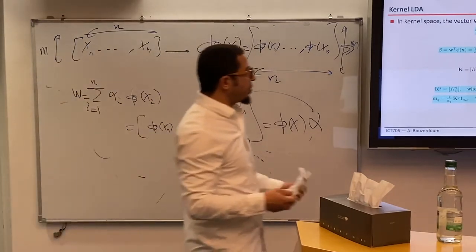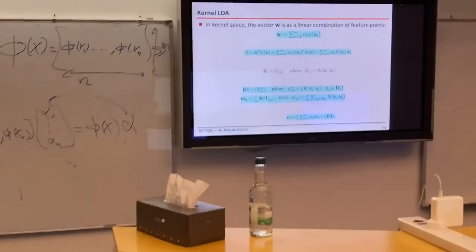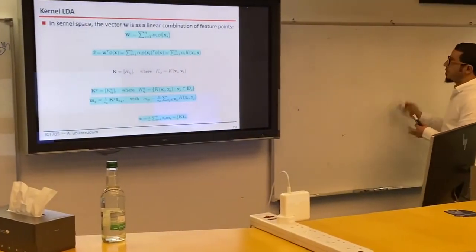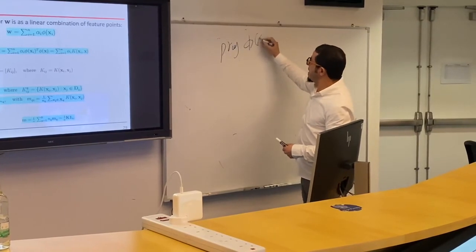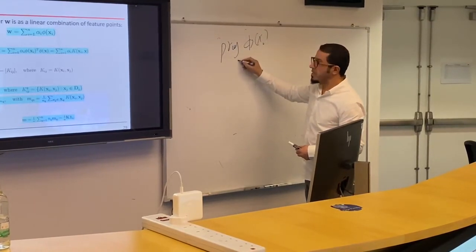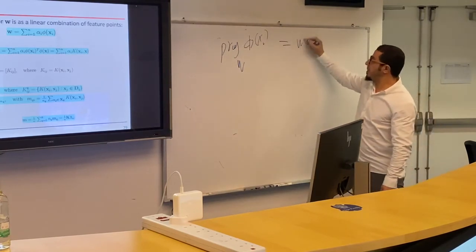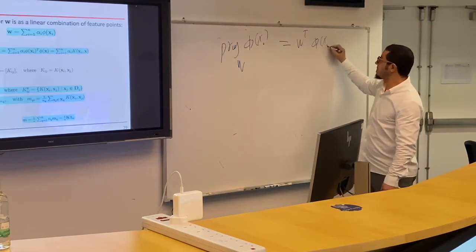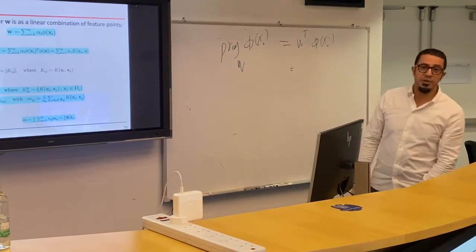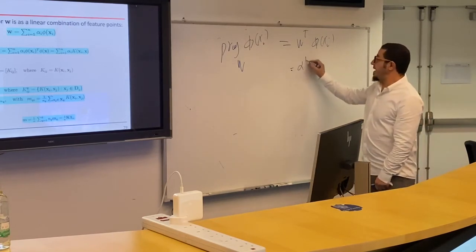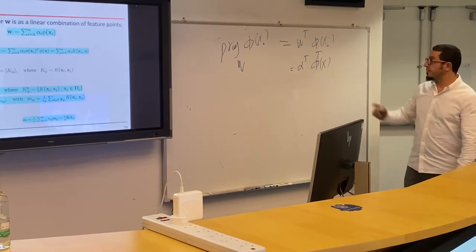If you want to do a projection of any data or any vector, for example here, what is the projection, please? Projection of phi xi over W. What is it, please? The formula is W transpose times phi x. What is W transpose, according to the names here? Alpha transpose times phi x, this one, right? Times.